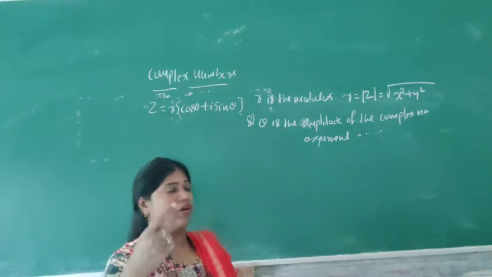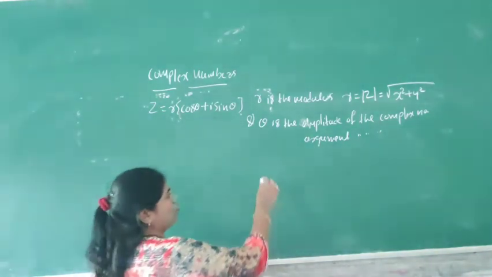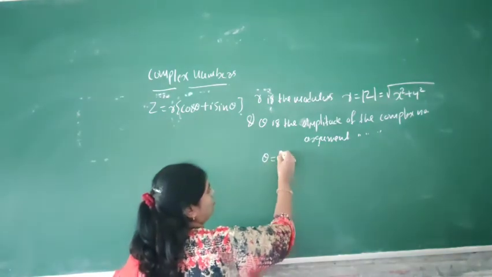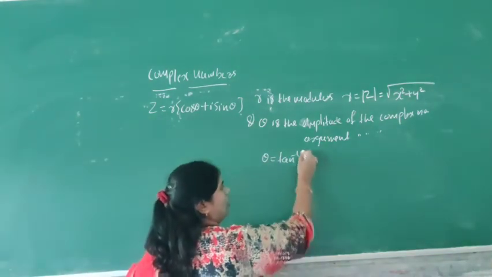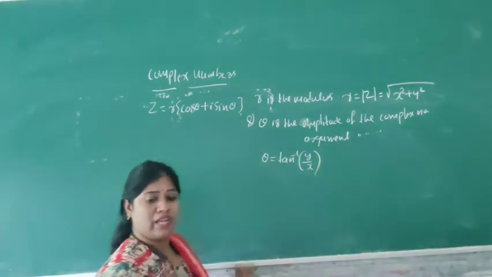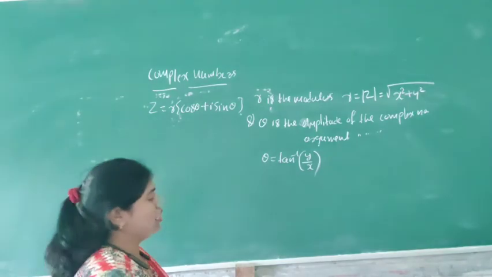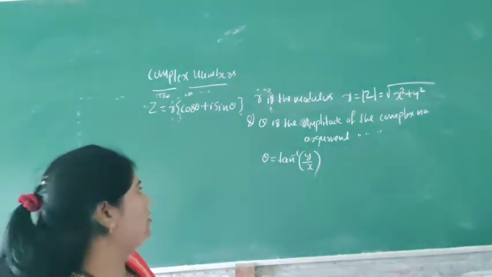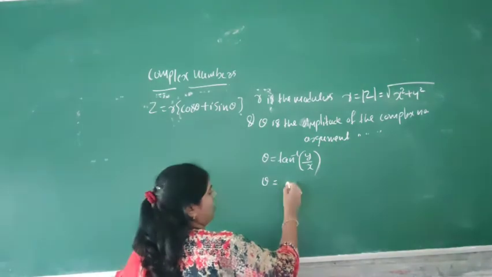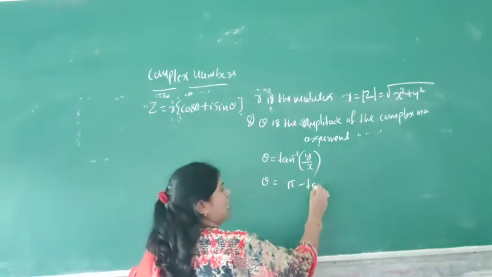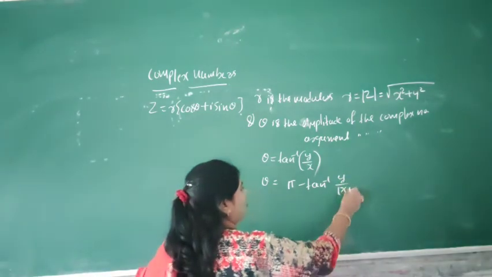If it is in the first quadrant, we have to write theta = tan inverse of y by x. If it is in the second quadrant, as we discussed in the previous class, theta = pi minus tan inverse of y divided by modulus of x.